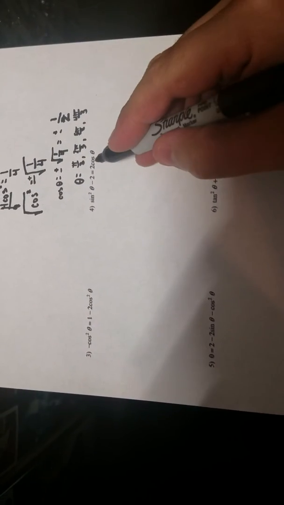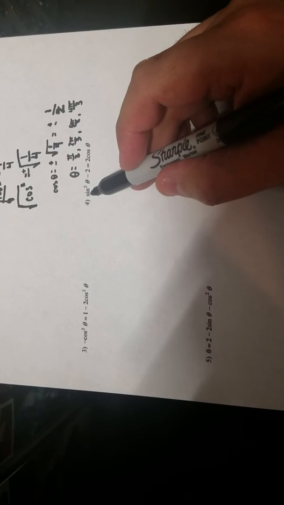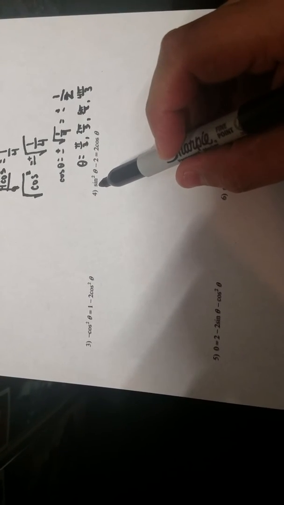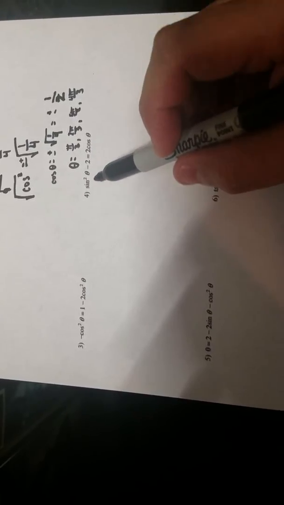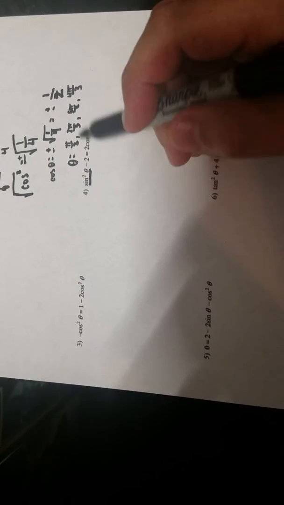So we have a similar type problem. I'm sorry, we're going to do number 4. Here I have cosine, and here I have sine. Okay, so one, I have to have only one trig function, which I don't have right now. This is sine squared. This is cosine, so they're not the same. So what I want to do here is to change this sine squared to something with a cosine.